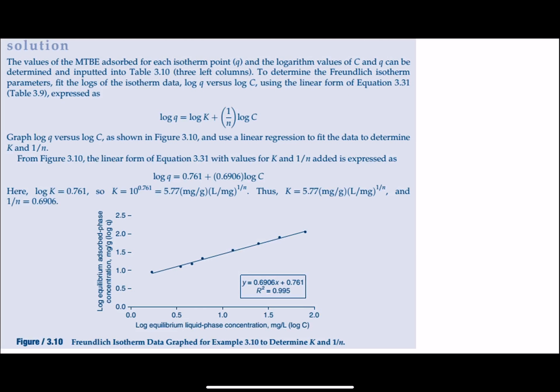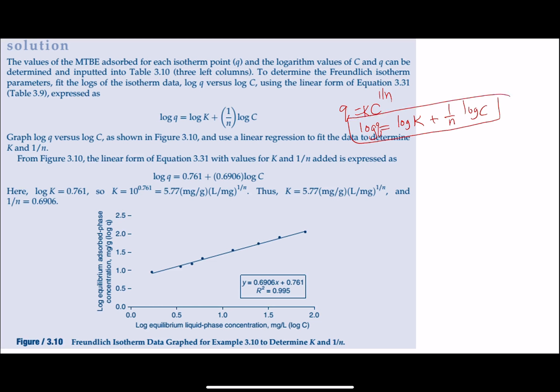Okay? And then you make the equation that we just put before, which is q equals K C to the 1 over n. If you take the log, log q equals log K plus 1 over n log C. And we just remember this from calculus 1.